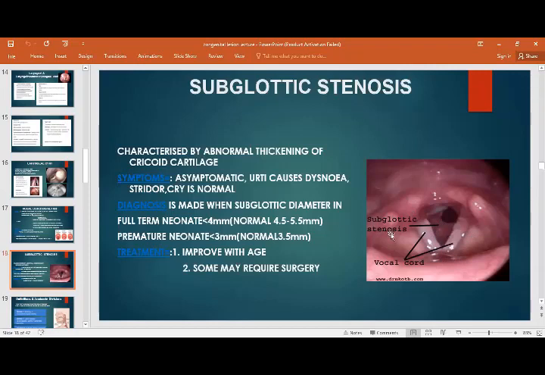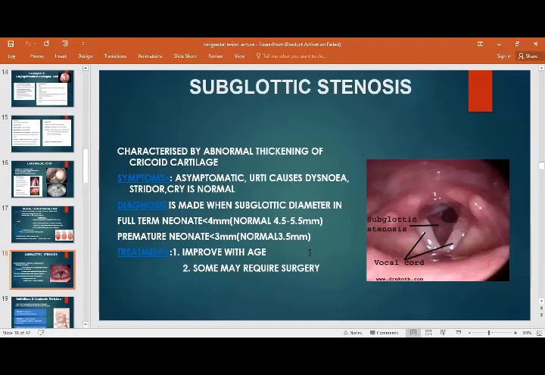Again, how can we see it? The child is small, so we'll go for flexible bronchoscopy and we can see the size of the subglottis. In a full-term infant, the normal size is 4.5 to 5.5 millimeters, but if it is less than 4 millimeters, then there would be respiratory obstruction.